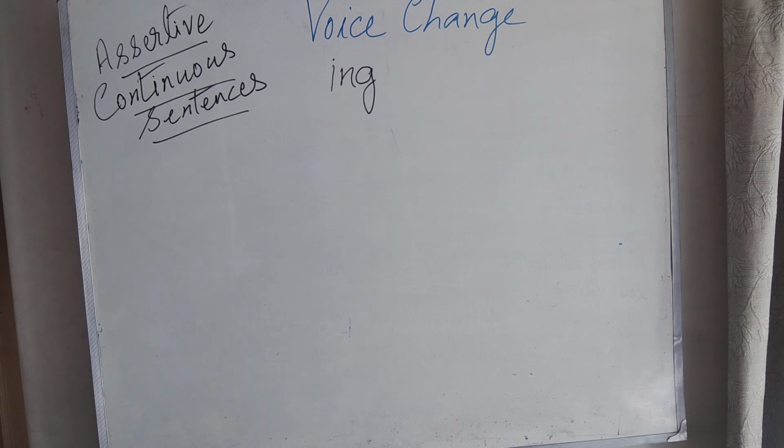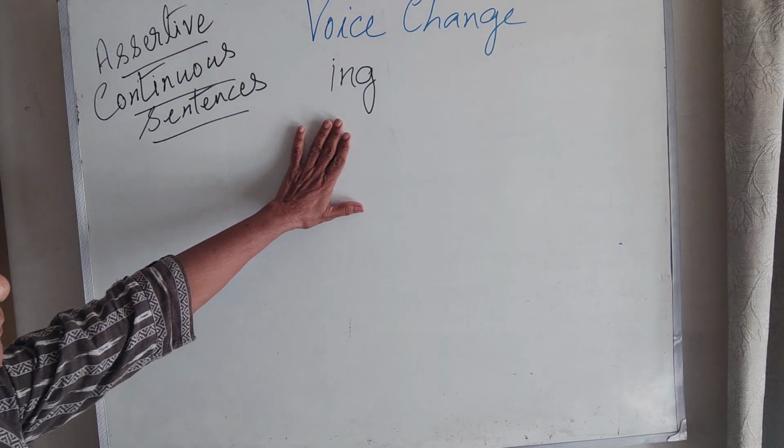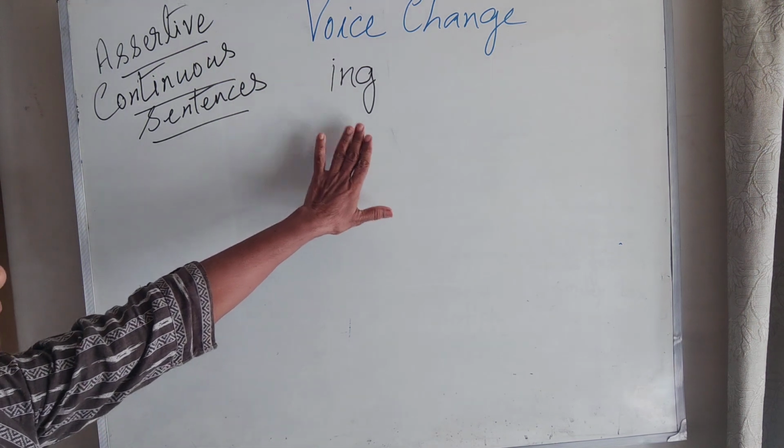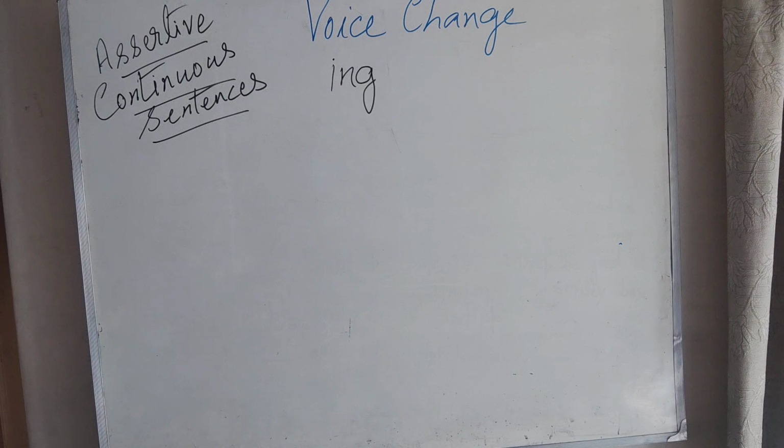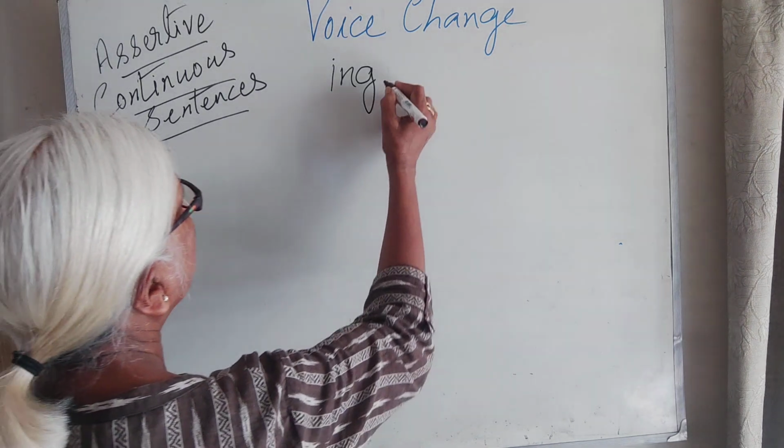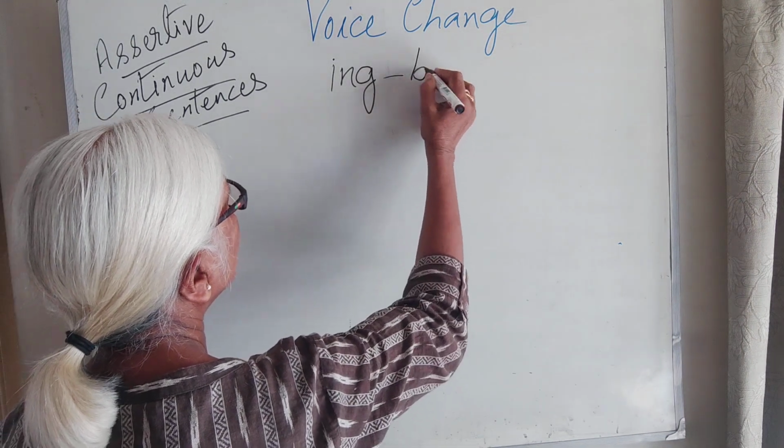Or if you say he was doing it, then it was doing it at a certain time in past tense, but it is a continuous one. So here in continuous sentence we see that ing is a must, and this in passive voice changes to being.